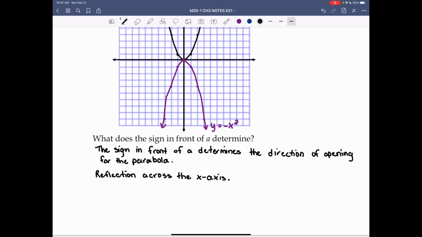But for Math 20-1, what we really just want to know is that when a is less than 0, the parabola opens down, which then means it has a maximum.